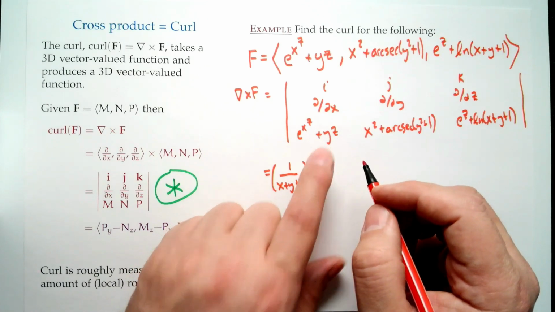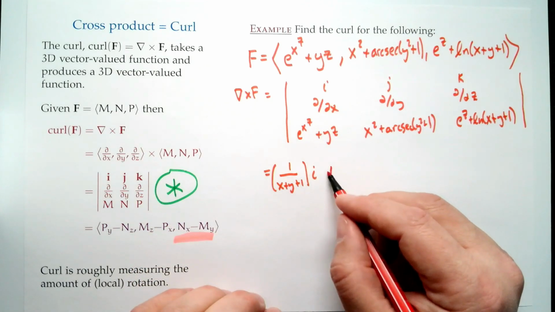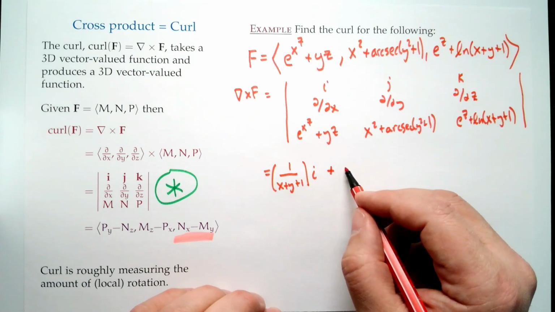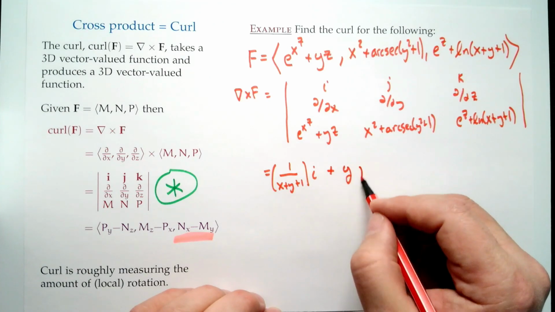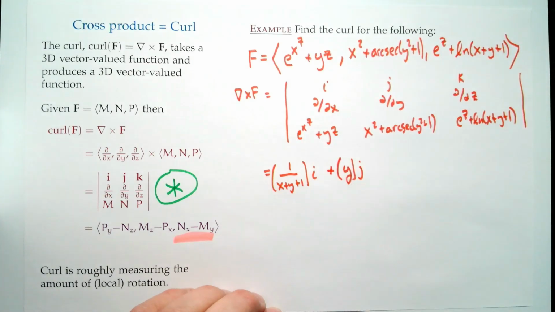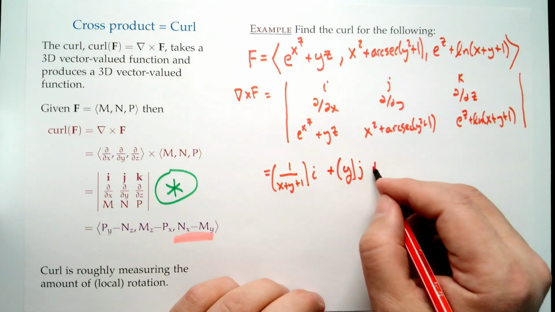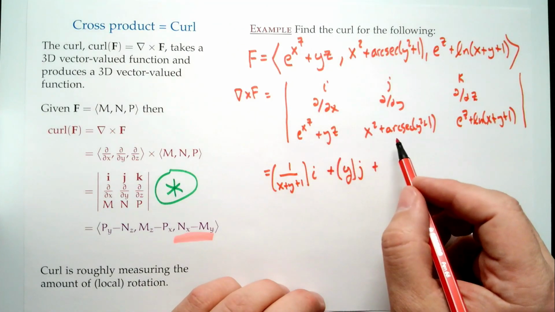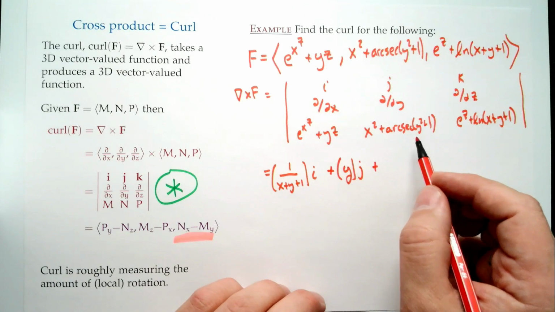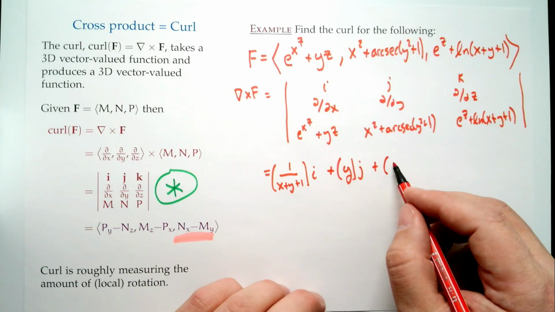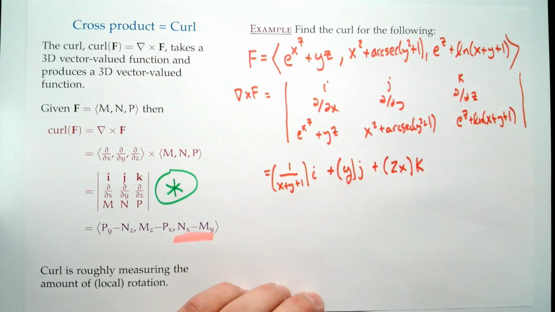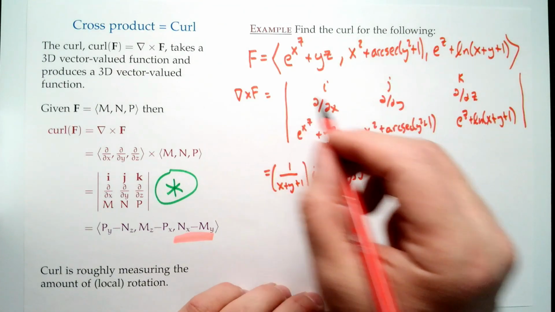Well, derivative of yz with respect to z is y. All right. Plus, okay, k, wrap around, partial x of x squared plus arc secant of y squared plus 1 will become 2x.